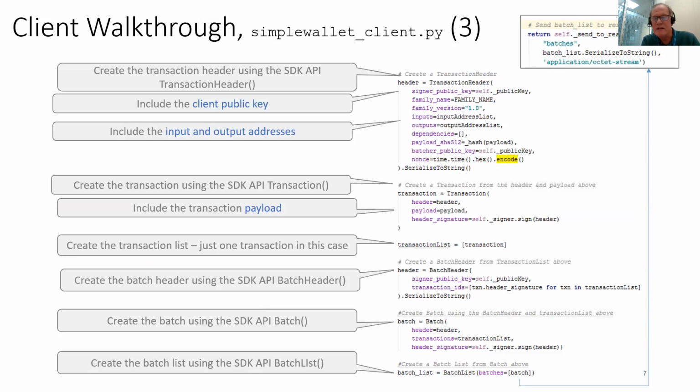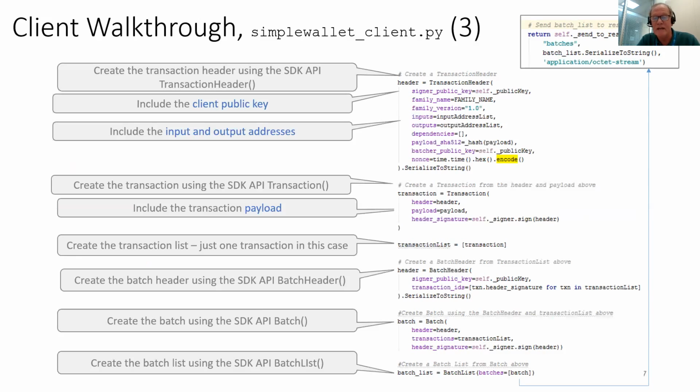Then we move on to the transaction itself, which consists of the header that we just created, the payload, which is just deposit, comma 5 or deposit, comma 10, depending on how much you're depositing, and the signature of the header. You sign that header to make sure it can't be altered.